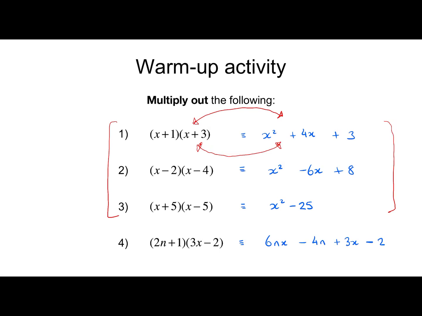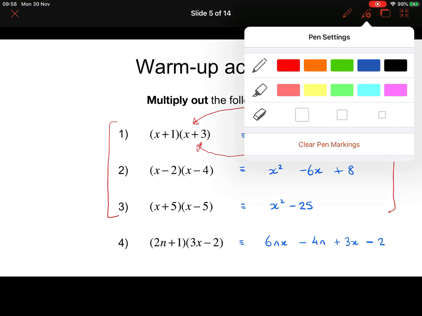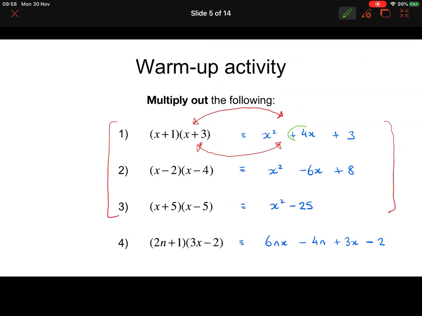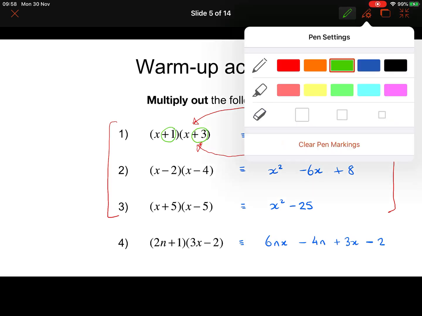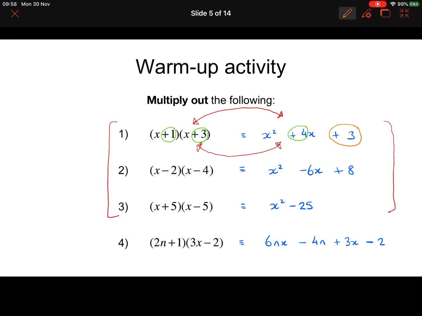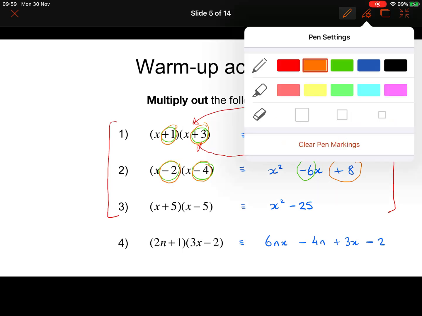Now what I want you to do is see if you can spot a link between this number here and these numbers here, and this number here and these numbers here. Can you spot a pattern? Relate this number to these numbers, and do the same for the last one.